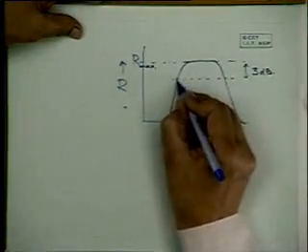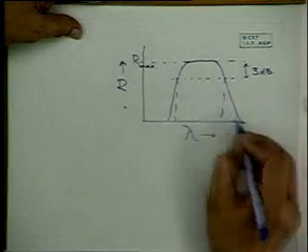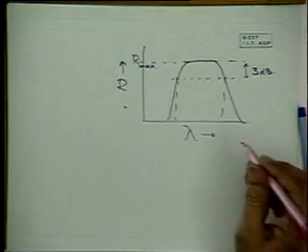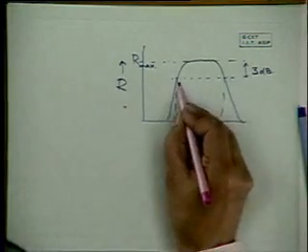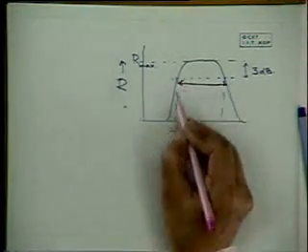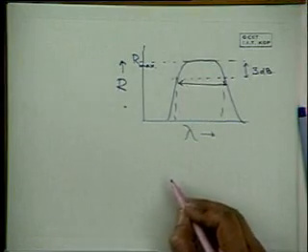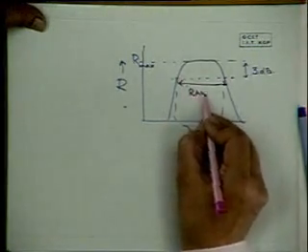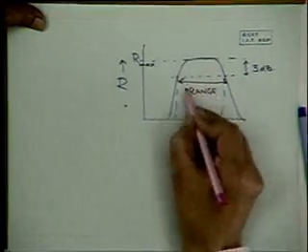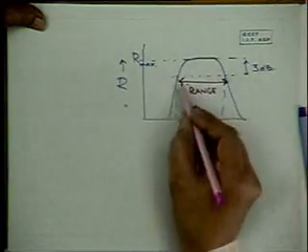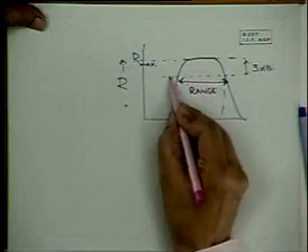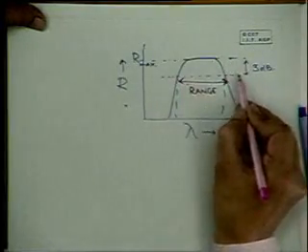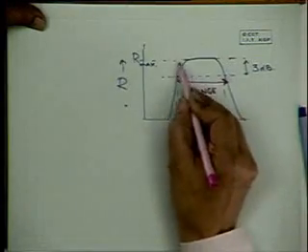So one can say that this is the range of wavelength over which the detector has a response which is within 3 dB of the maximum value.